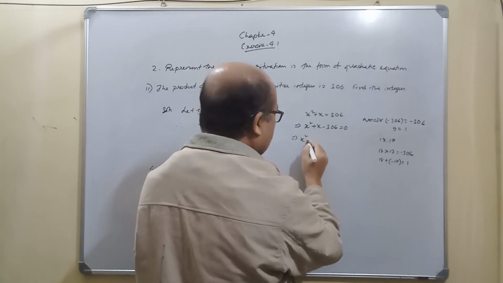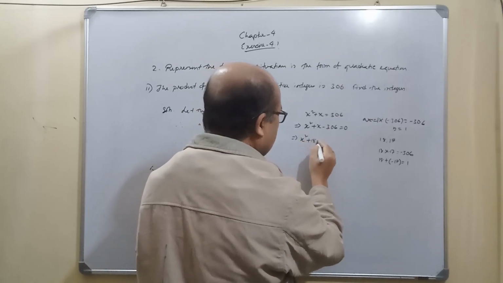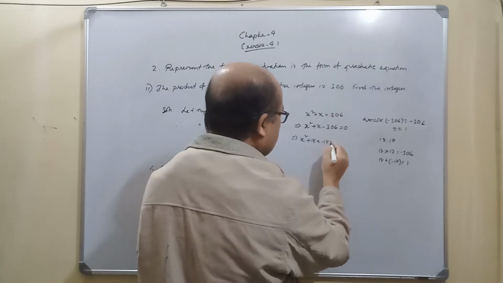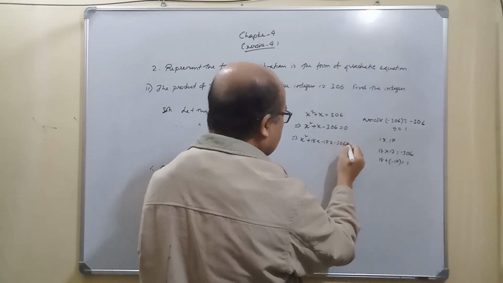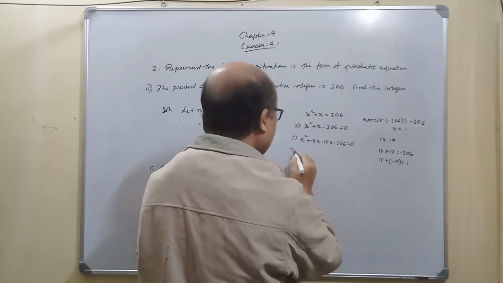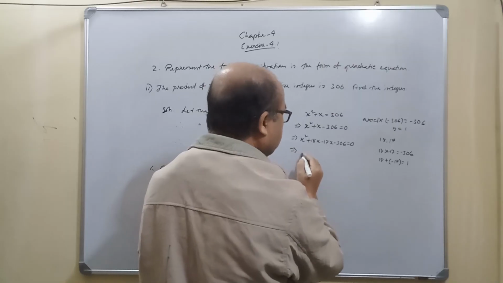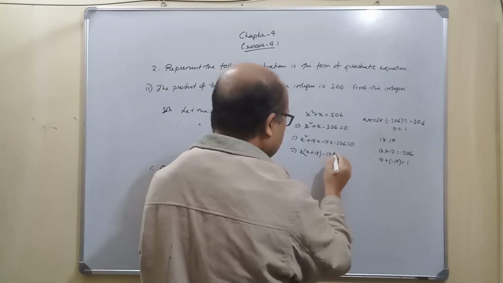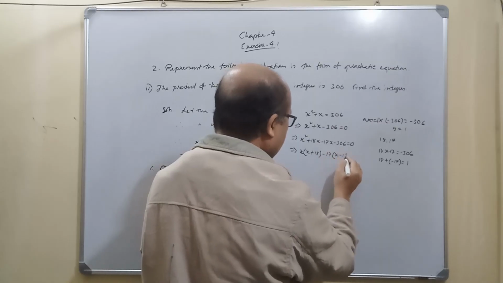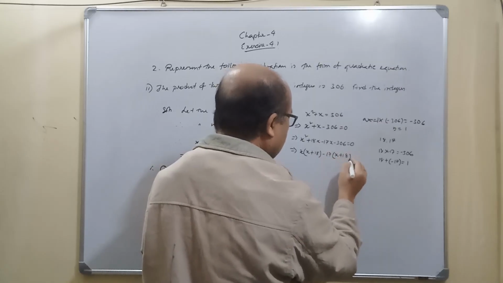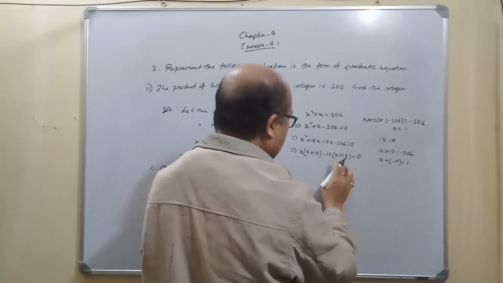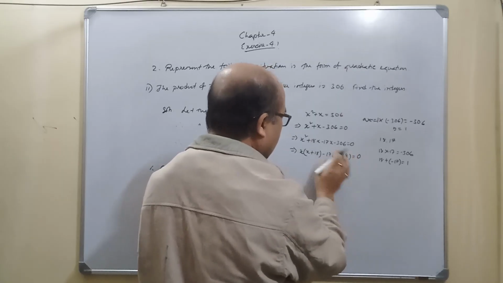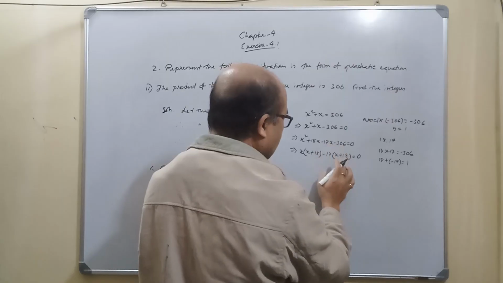So x square plus 18x minus 17x minus 306 equal to 0, which implies, taking x common, x into x plus 18 minus 17 into x plus 18. When I give a bracket, minus minus becomes plus.